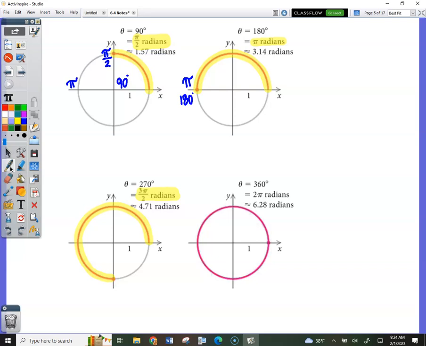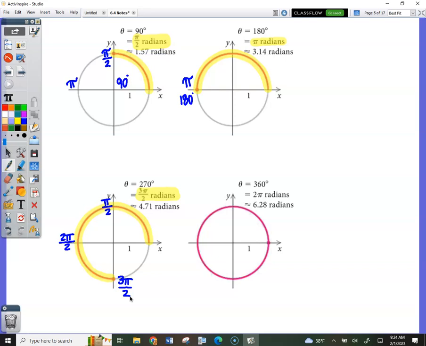So where's 1 pi over 2? 1 pi over 2 is right here, right? Then this is pi, but we're going to count by the denominator, so this is 2 pi over 2. So then what's this one? That's where the 3 pi over 2 comes from. You've counted 3 blocks of a pi over 2 rotation. You counted 3 of them.